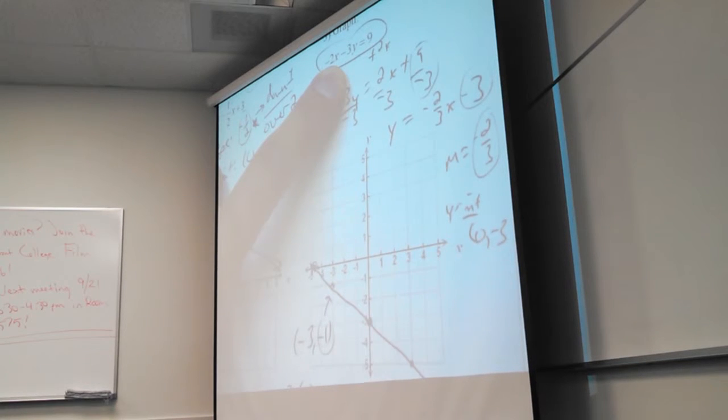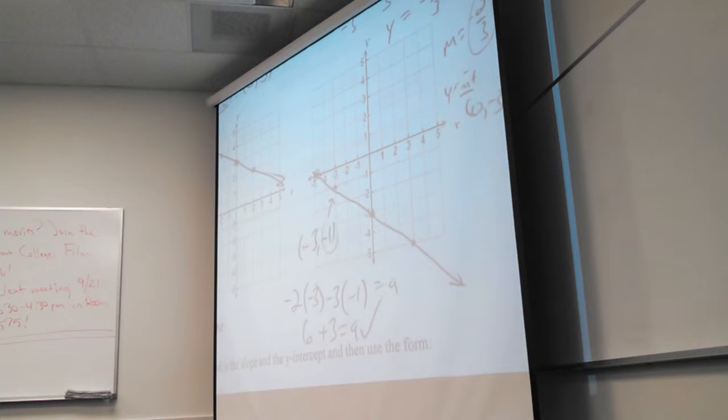So I get -6 plus 3 is 9, check. So if you're graphing your own line from an equation, you can always check by picking a point you found and plugging it in, making sure it works. What always sucks is if you do this wrong and you think your line's wrong when it's really right. But still, just don't do this wrong.